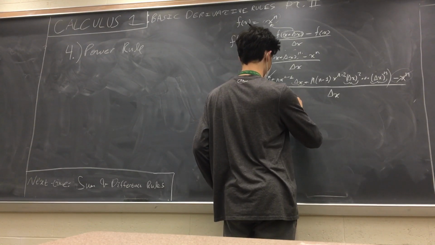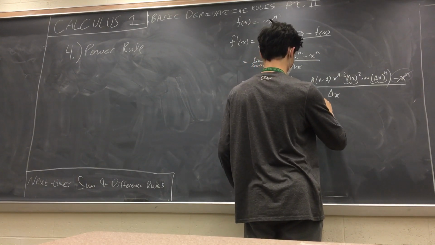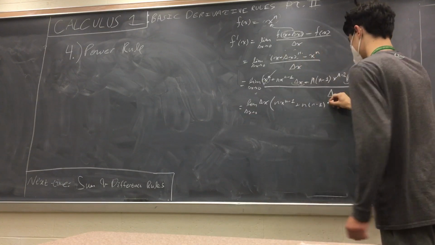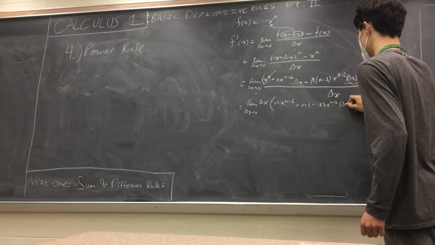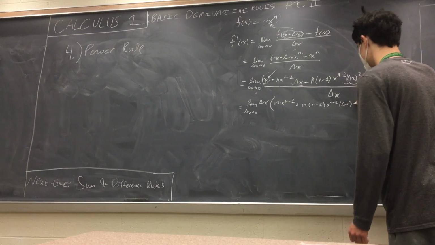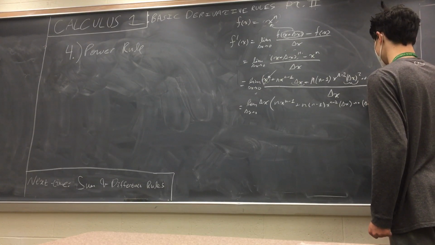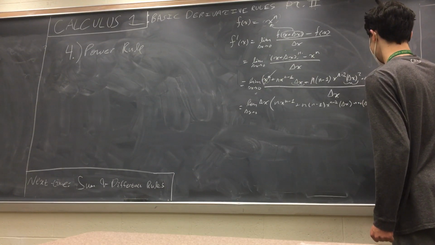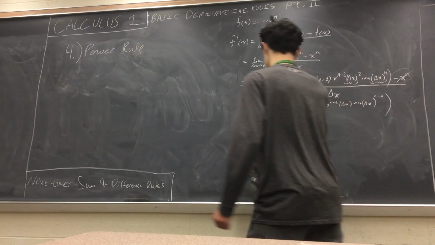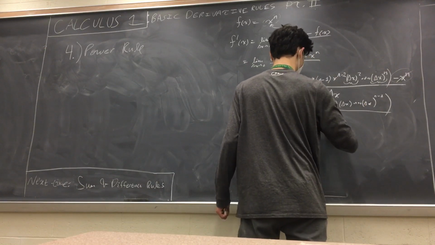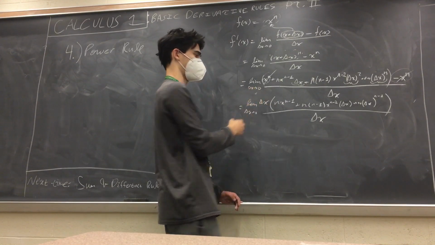That leaves us with nx to the n minus 1 plus n times n minus 1 x to the n minus 2 delta x, on and on and on, until we get to plus delta x to the n minus 1, all over delta x, where I factored out the delta x to the front.